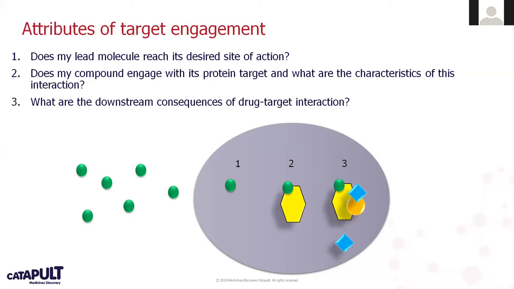And thirdly, what are the downstream consequences of your ligand-target interaction? So here we're looking for proximal markers that reflect the interaction of that ligand with its target and report on that, but also markers which can demonstrate that the disease pathway has been modulated.